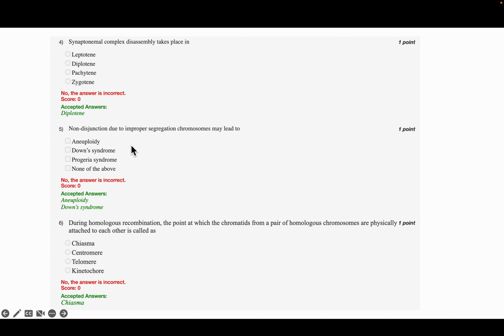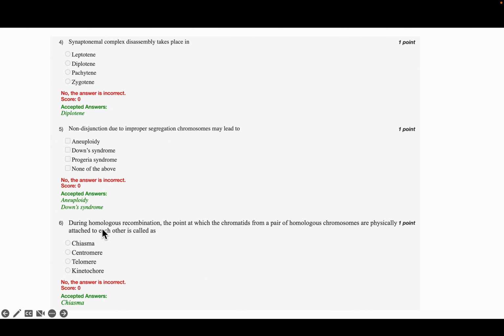So the answer will be both aneuploidy and Down syndrome, because in Down syndrome also we see this kind of misarrangement of chromosomes, or improper segregation.